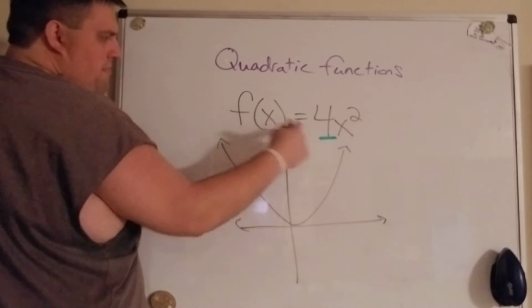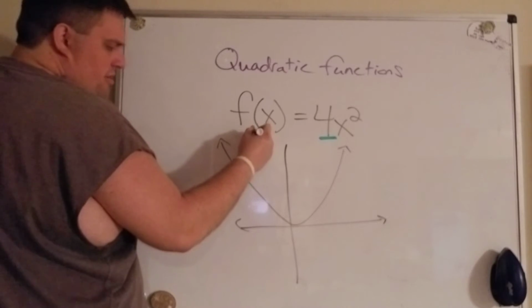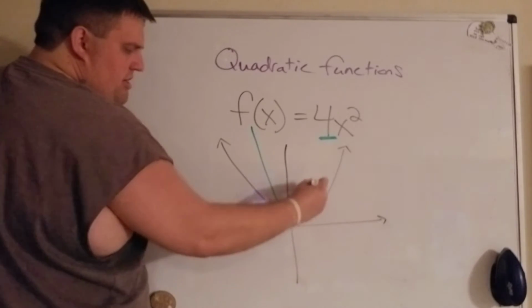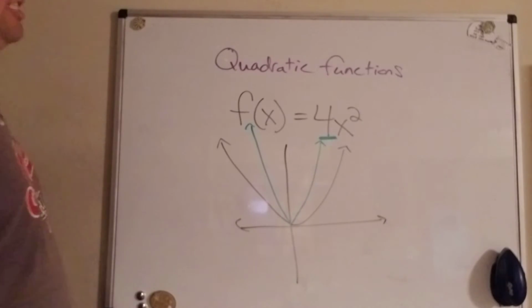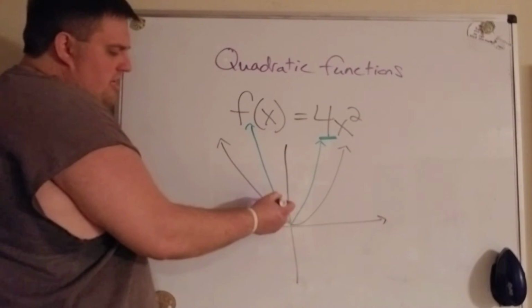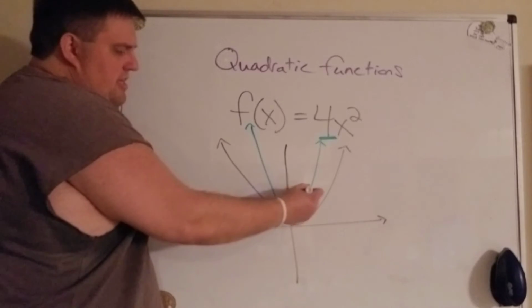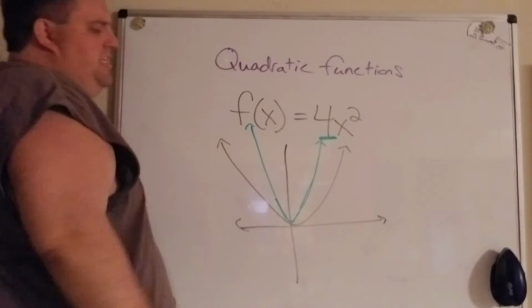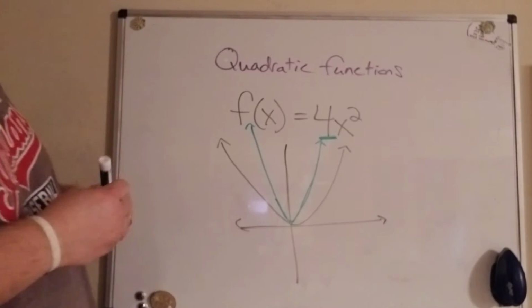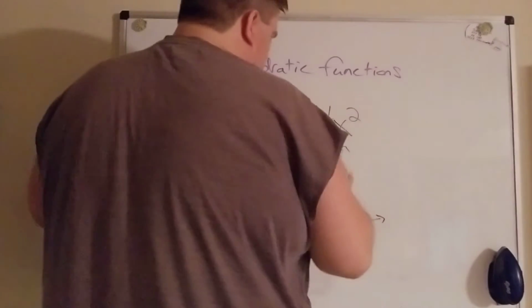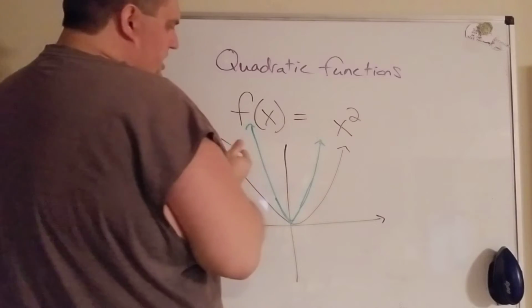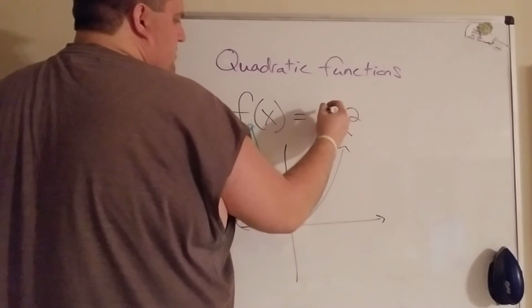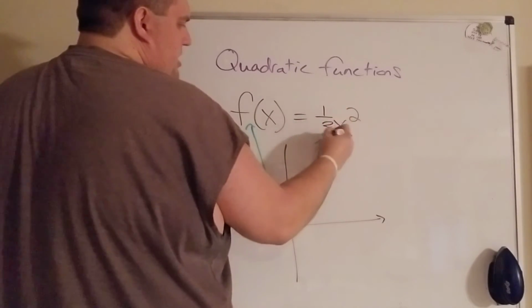So a number in front here that's greater than 1 should have increased your parabola's rate of change, that speed that it's increasing. All right, it's still kind of curvy, but it's going to go up real skinny like that. If we change this number to, let's say, a fraction, like some of them were, so maybe we do like 1/3 here.